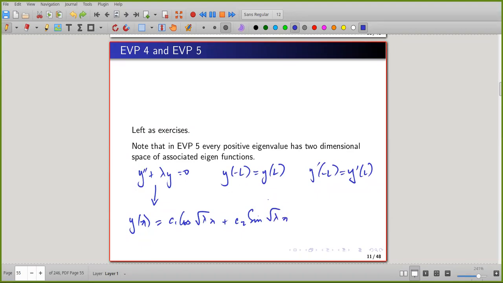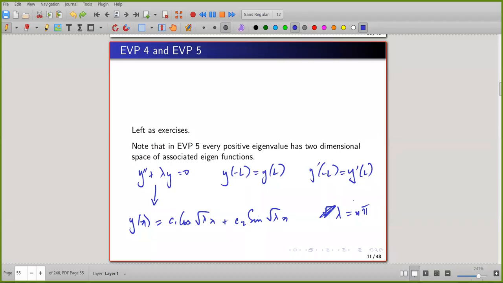I'll leave it to you as an exercise. You will once again have to get that the eigenvalues are going to be n pi.